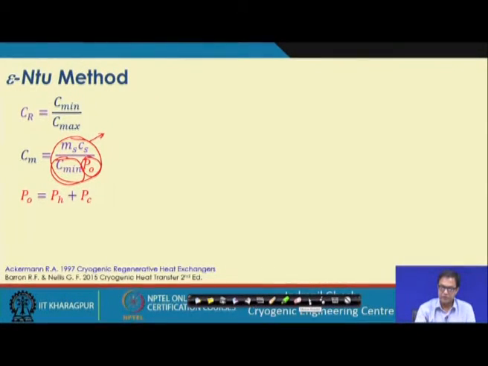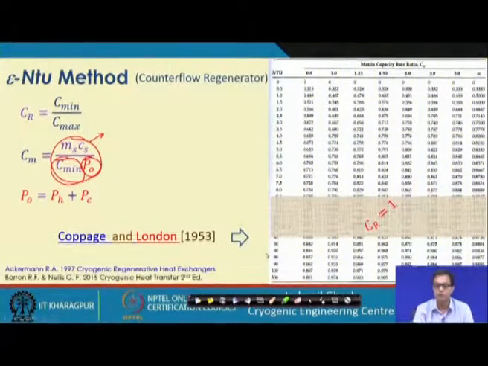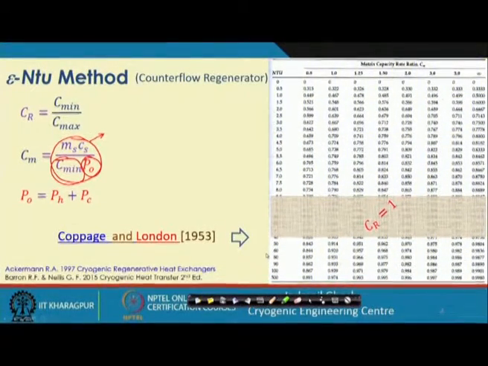Now, with this number of different dimensionless and dimensional parameters, if we look into the solution, it has been proposed by Coppage and London, and they have obtained a solution in terms of the number of heat transfer units and the matrix capacity rate ratio, that is Cm.